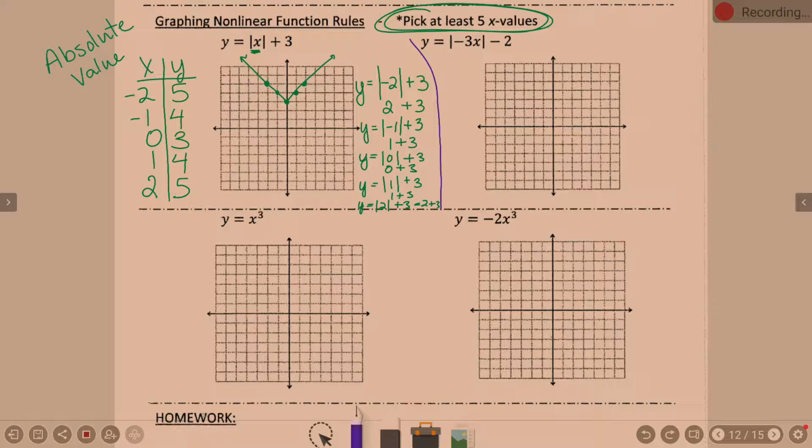And I will say about absolute value, you want to write it there somewhere, it is a V. Your graph is a V. As we look at the next example here, what x values do I want you to pick?